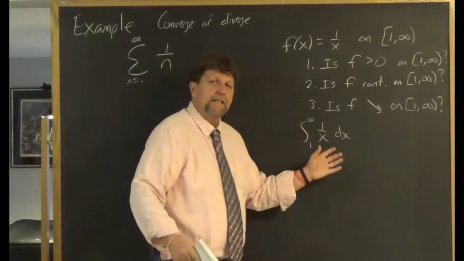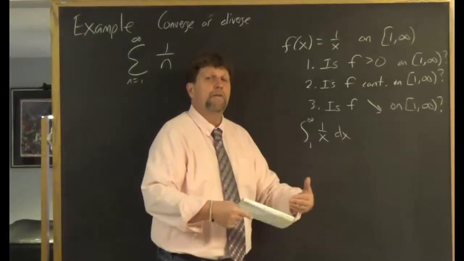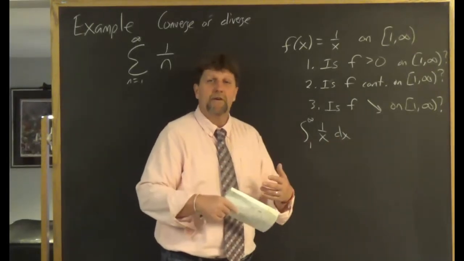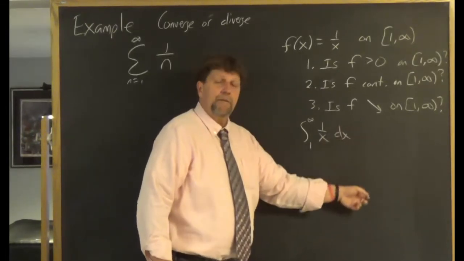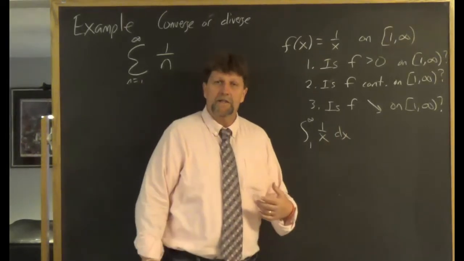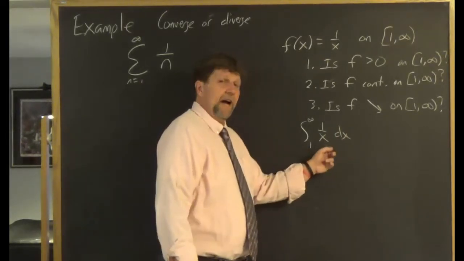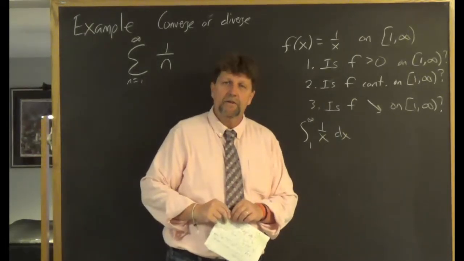The integral test says the improper integral and the infinite series either both converge or they both diverge. Well, let's analyze this. If this ends up converging, then we know that the harmonic series converges. If this diverges, then we know the harmonic series diverges.